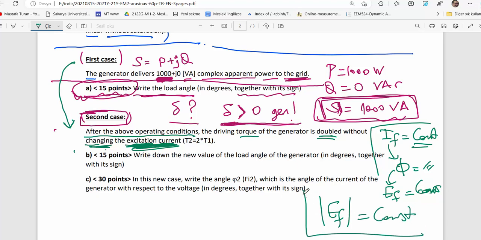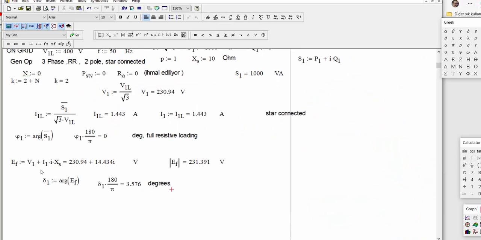Houston, what is the magnitude of EMF? Here it is. Second case, let me write it down here. Second case, IF is constant.